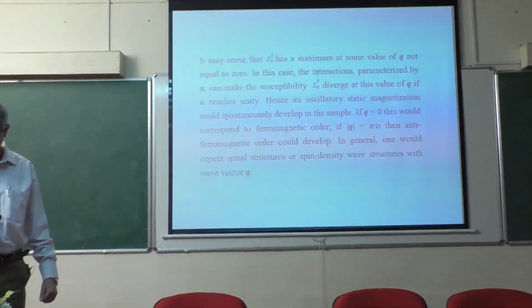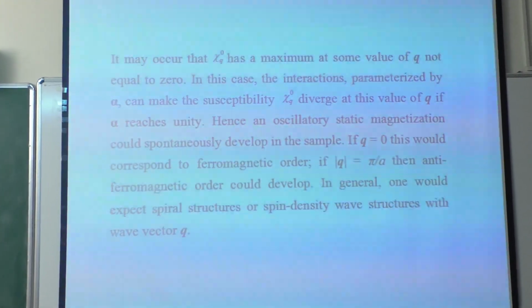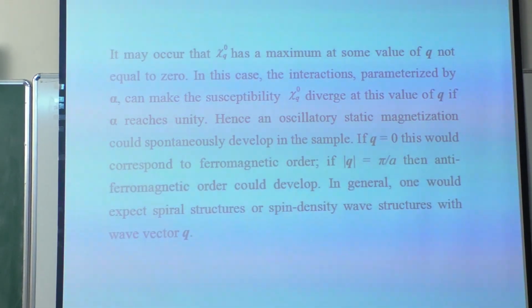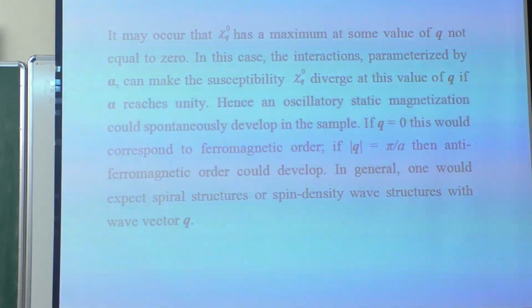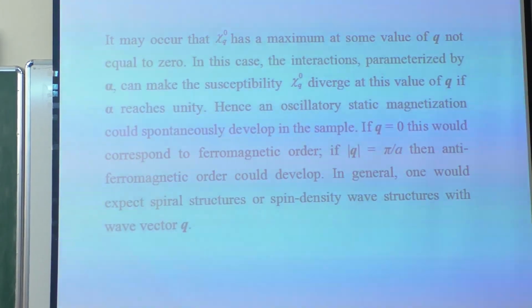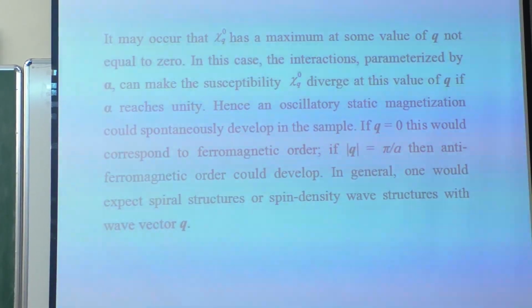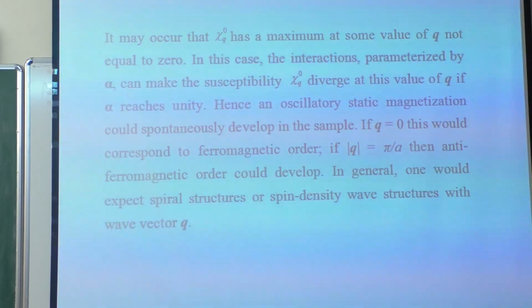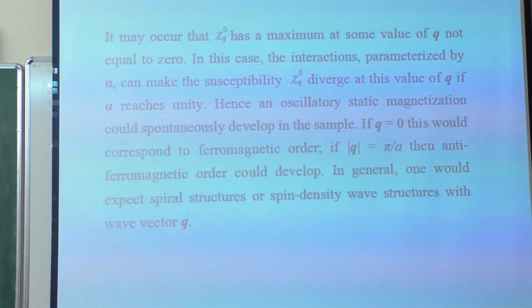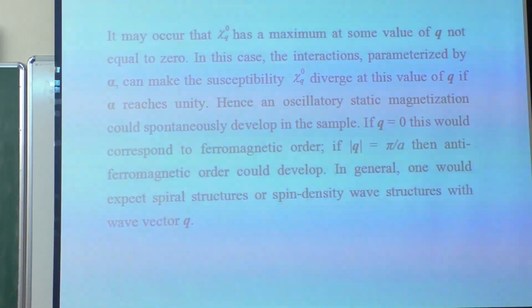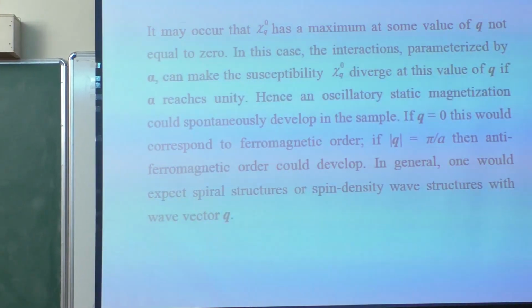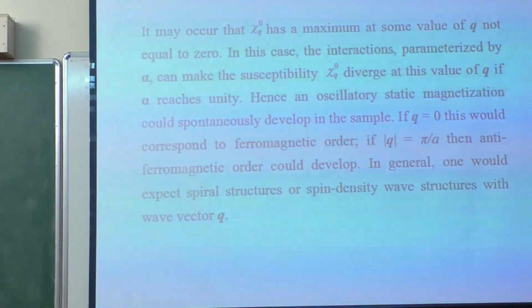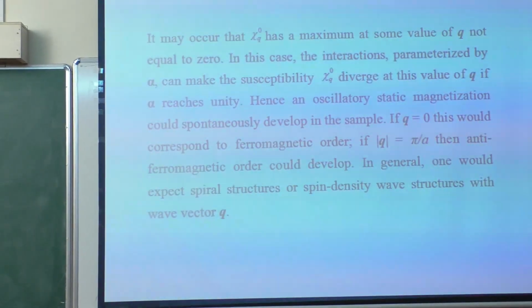Okay, now if it so happens that chi q0 has a peak at some finite value of q, then this alpha times chi q0 can approach 1.